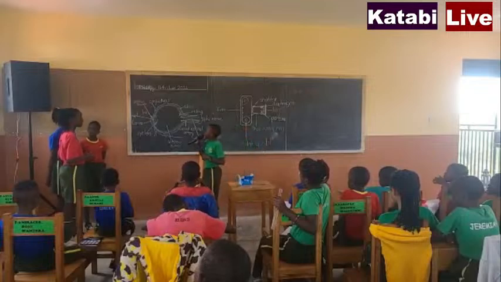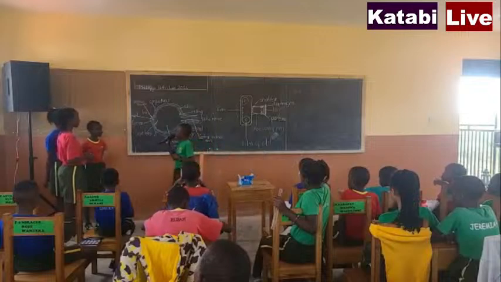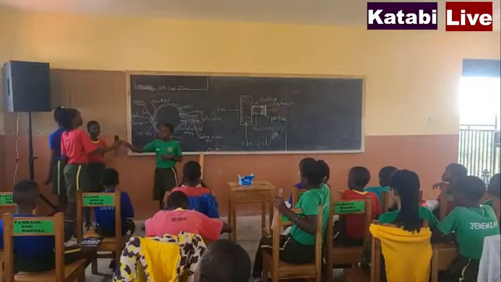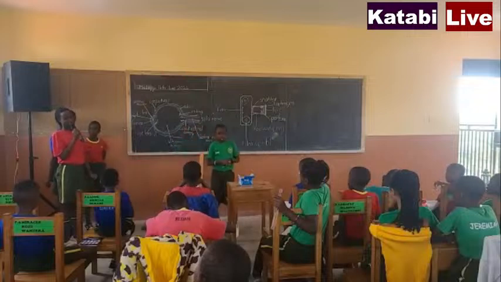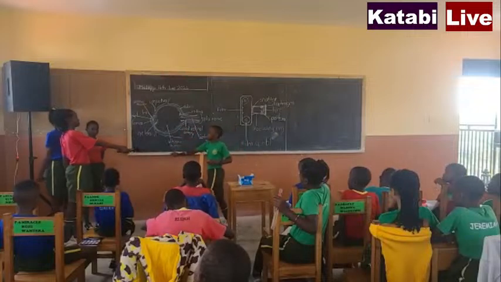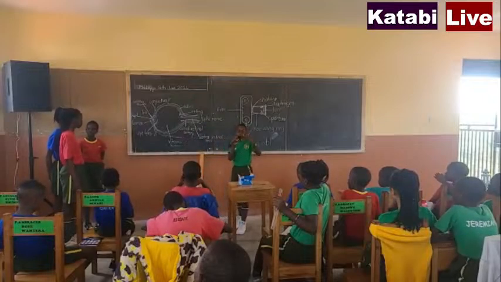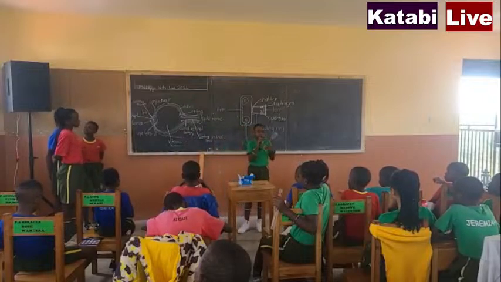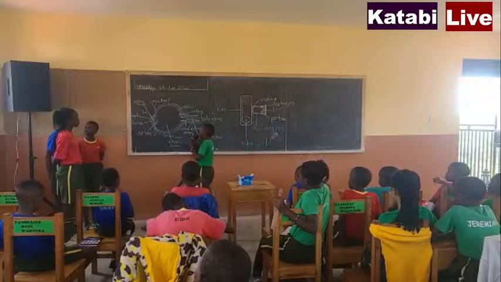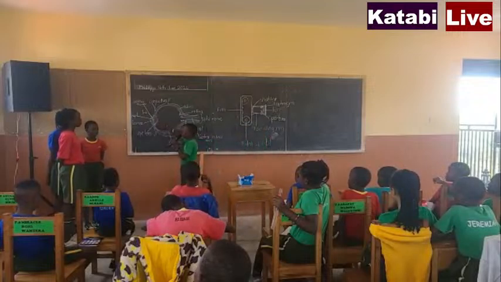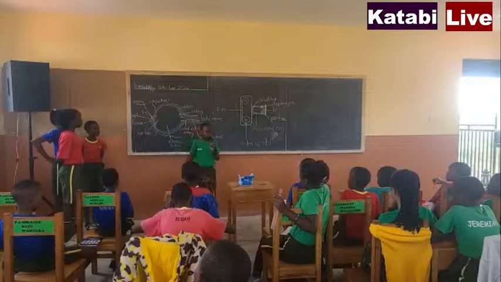And then we have the cornea. The cornea is the transparent part of an eye, the outside part that all of us normally see. Actually, even me, the first time I saw this diagram, the way it was bent like this, I was like, is our eye really like that?